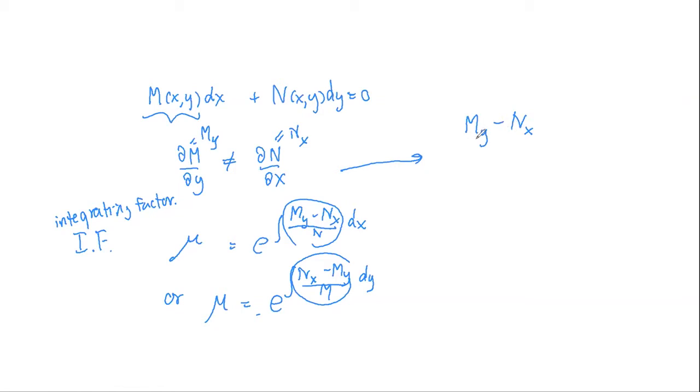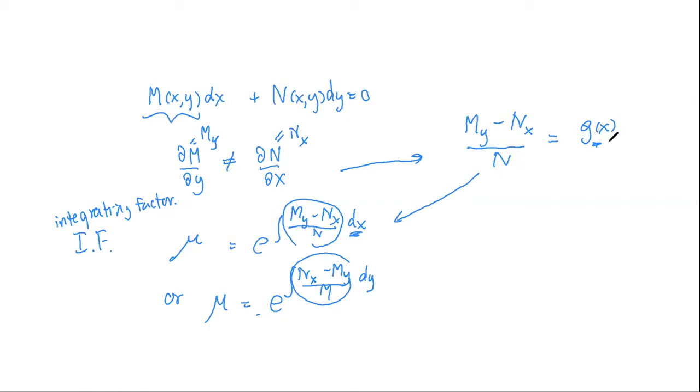If we set M_y minus N_x and divide by N, and after you simplify completely it's totally a function in x, which I'll call g of x, just terms in x or a constant, then you use mu in this form, an integral with respect to x of a function in x.